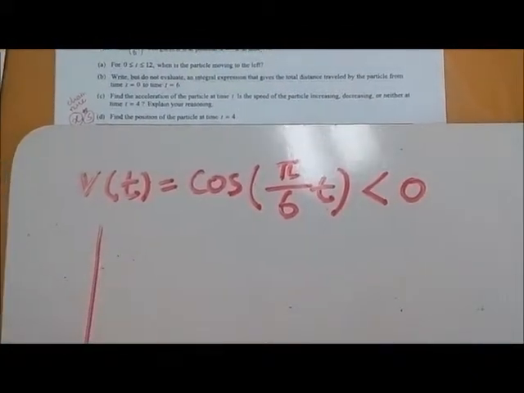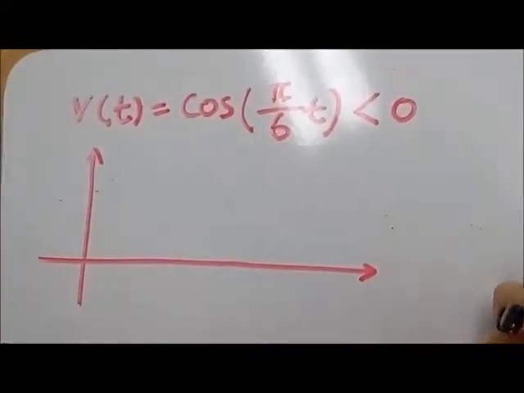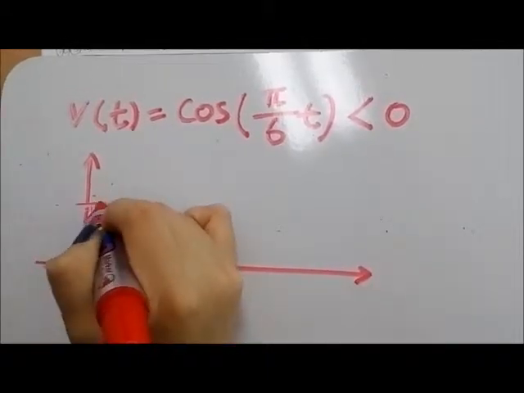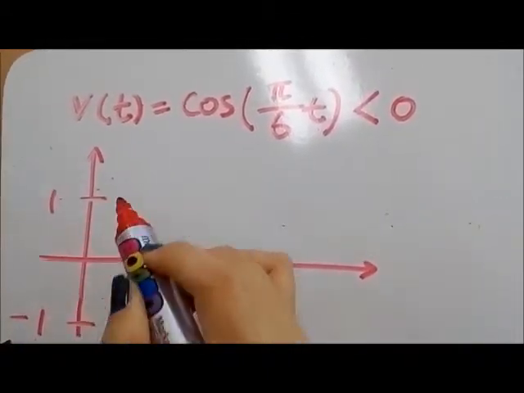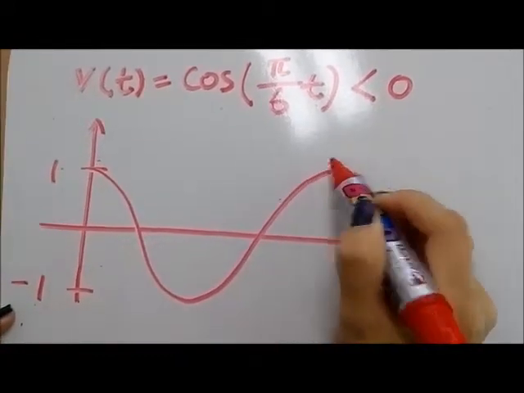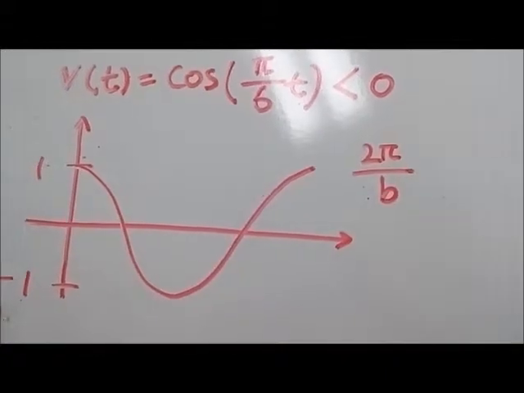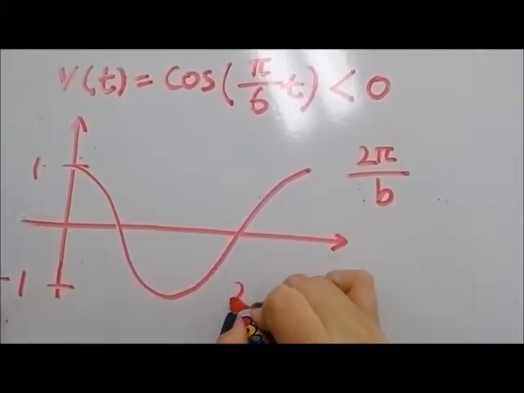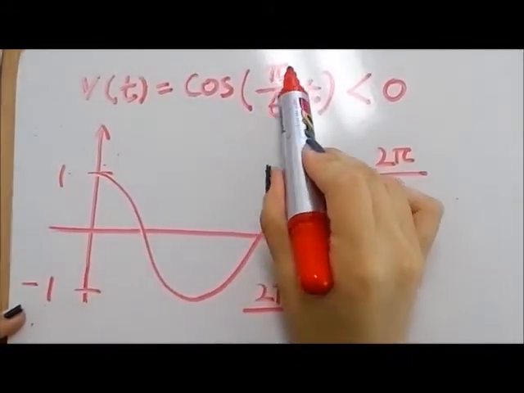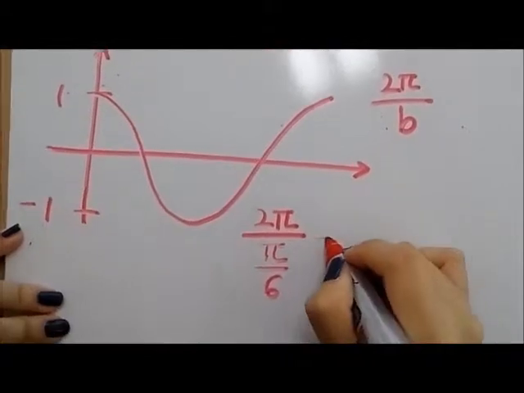So if we draw a graph of cosine pi over 6t, then it would look like this. And we have to use this to find the period. And b refers to the constant right in front of t, the coefficient, which is pi over 6 in this case.